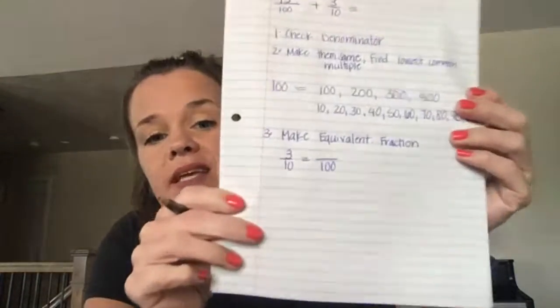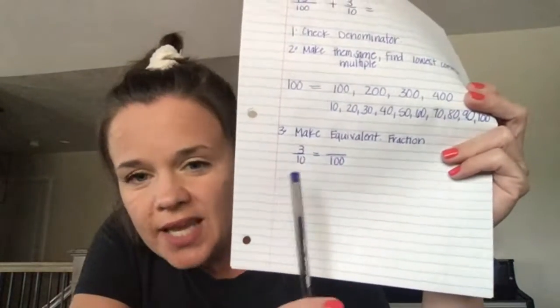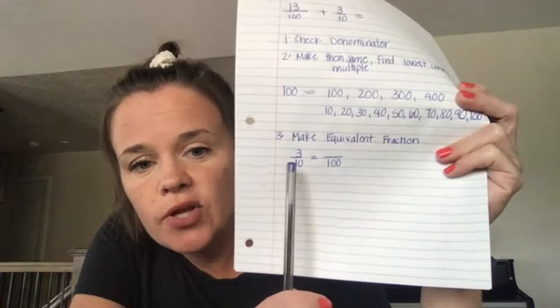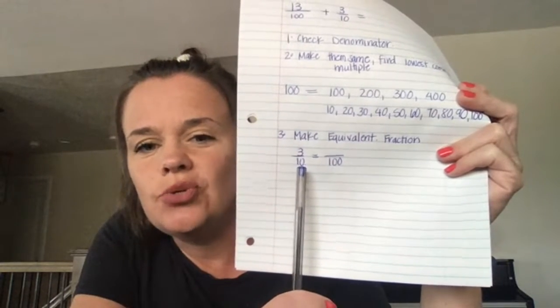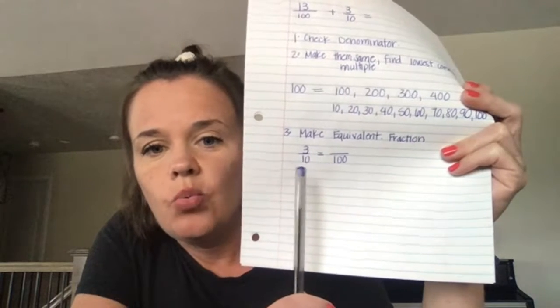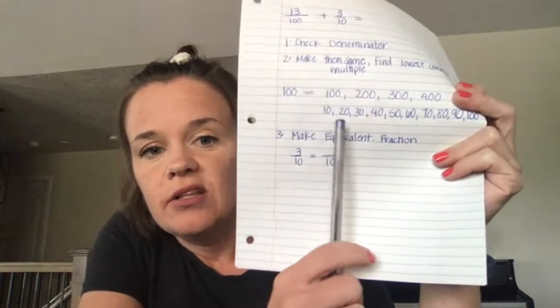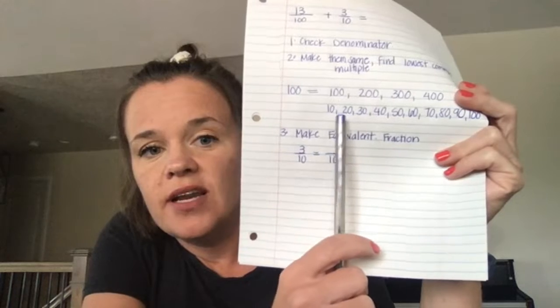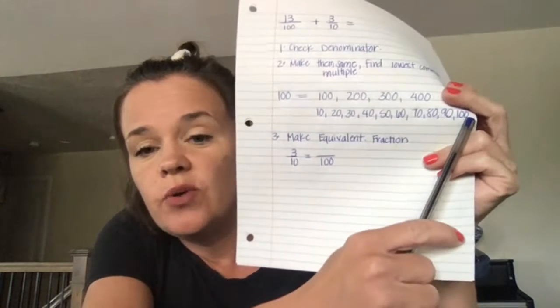Now, remember, I told you what equivalent means. What equivalent means is it means equal. So here's what we're doing, right? I'm looking at this and I'm saying, what did I do to 10 to make it turn into 100? What did I do? Let's see how far did I have to go? I had to get all the way to 100.